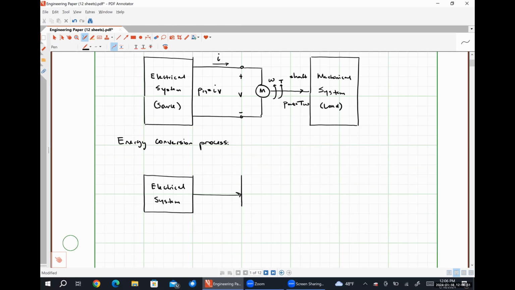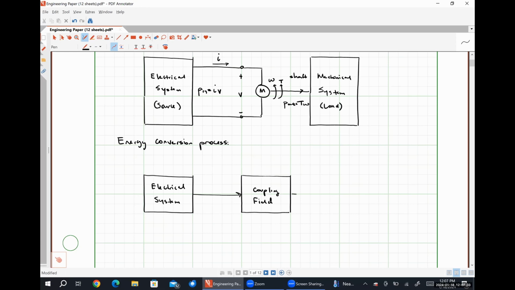And here in the middle, we are going to have our coupling field. This could be an electric field or a magnetic field. In our class, we're going to be dealing principally with magnetic fields. And the reason that we're dealing with magnetic fields as our coupling fields is because it's going to allow us to develop a torque without any sort of physical contact being made between our systems.